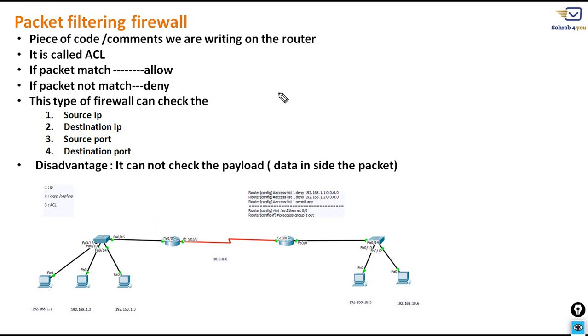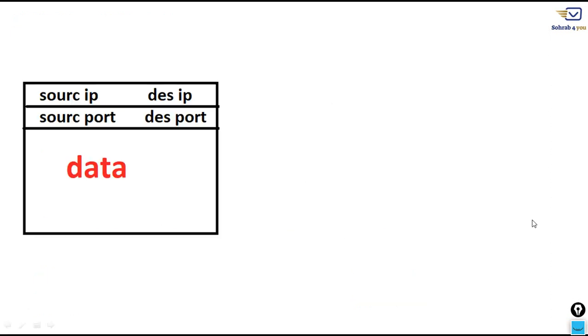Now suppose this is our data. This access list, which is a type of firewall, can check the source IP, which means from where this data is coming.